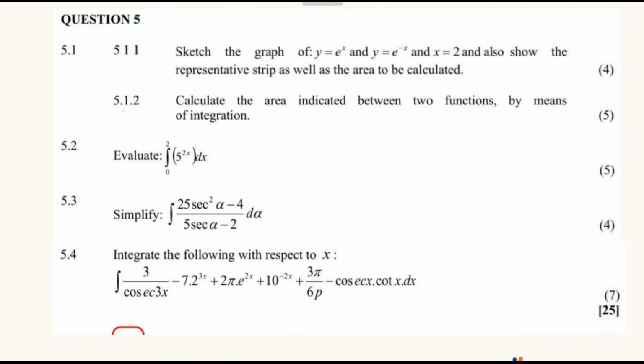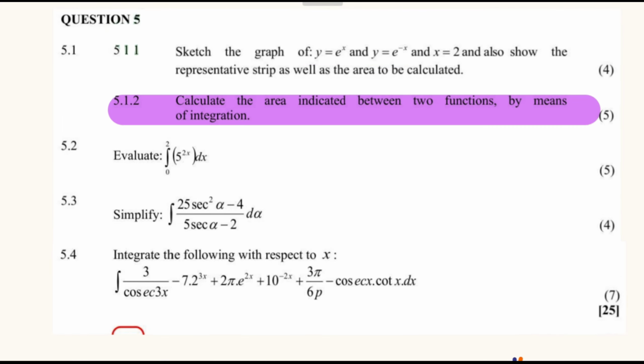Question 5.1.2, we calculate the area indicated between two functions by means of integration.